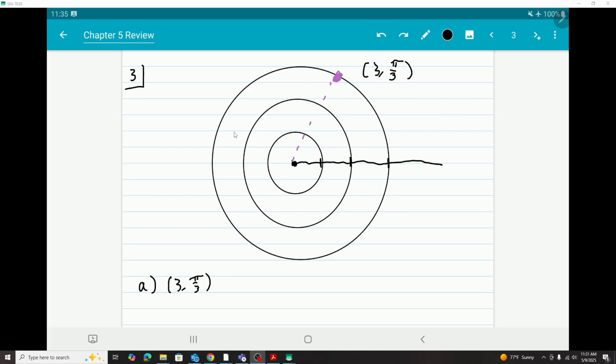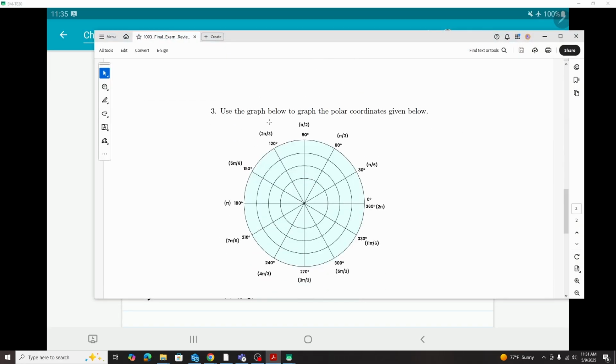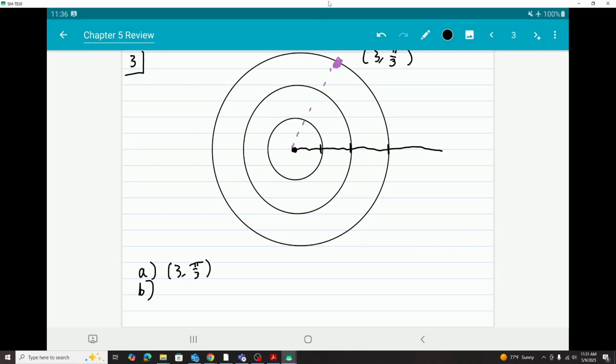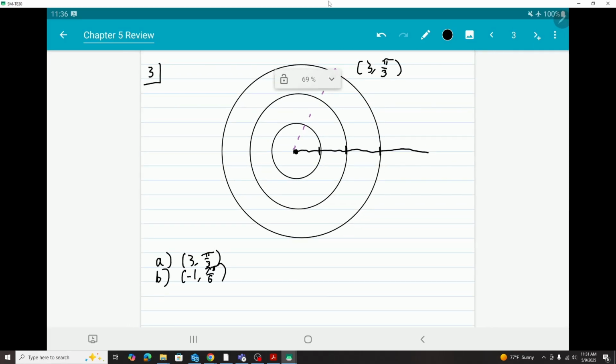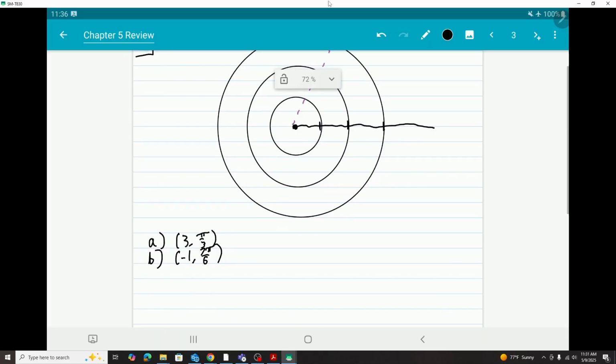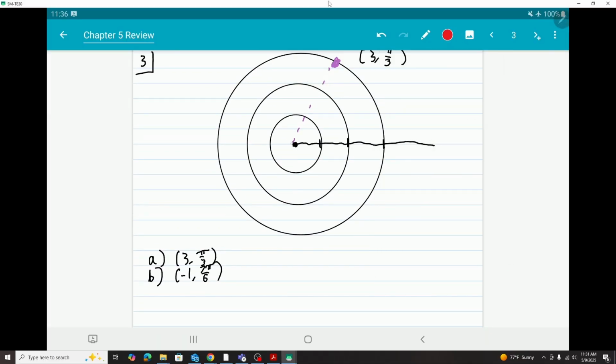If we take a look, part B is asking us for -1, 7 pi over 6. And so this gets done in the same way, or a very similar way at least. So I figure out where 7 pi over 6 is on the unit circle. And that's a little bit more than half a rotation.